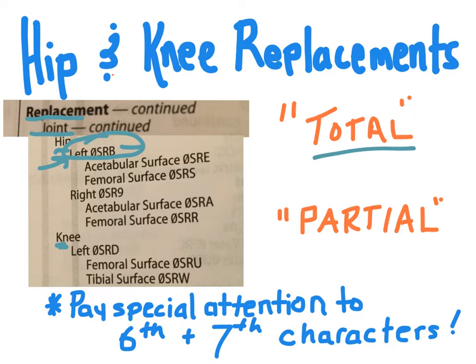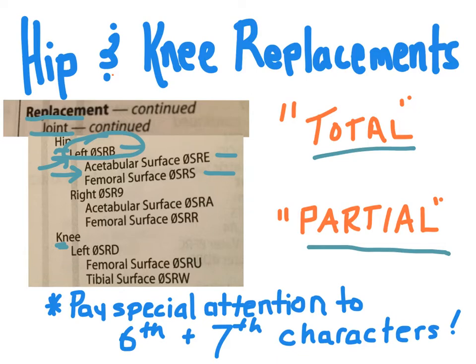If a knee replacement or hip replacement is documented as partial, that just means only one of the weight-bearing surfaces is being replaced. So then that would tell us to go in one more level with our indentations here for a subterm. If we're doing again that hip replacement and it's not total, the documentation might say acetabular surface or femoral surface, so know that these are options here if the replacement is documented as partial.